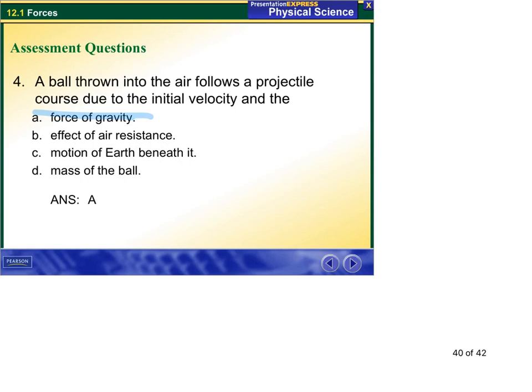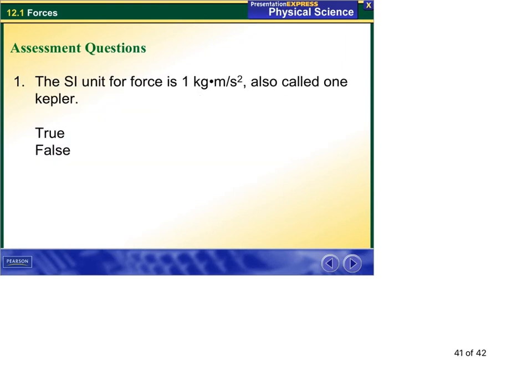Air resistance will alter the projectile path, but will not cause it to curve. Motion of the earth has nothing to do with it, and the mass of the ball will not affect the curved path. Mass of the ball can affect the air resistance, causing the path to alter a little bit, but it'll still be curved.